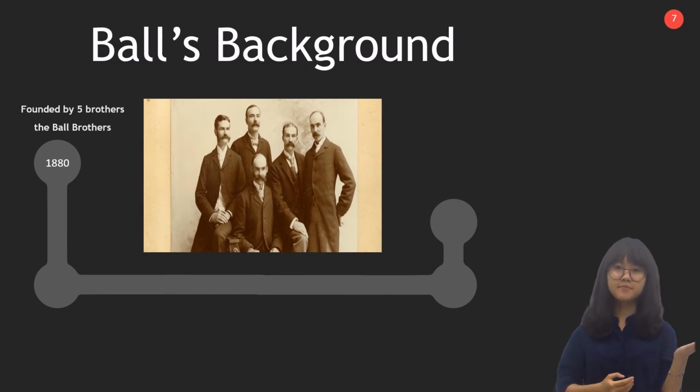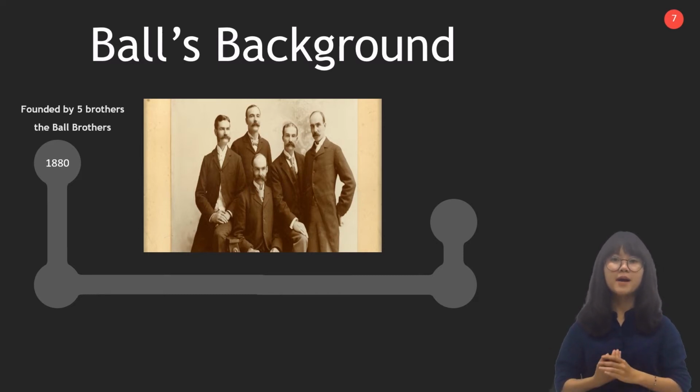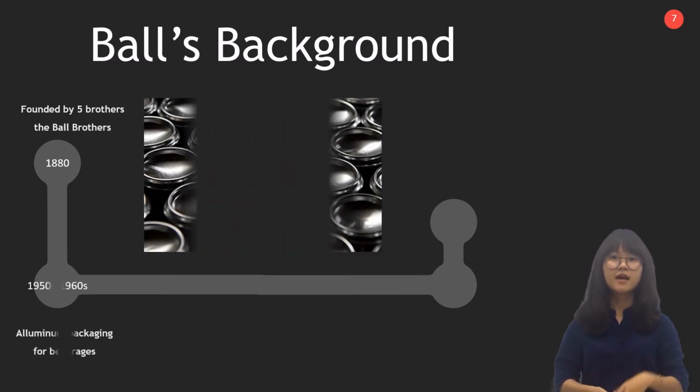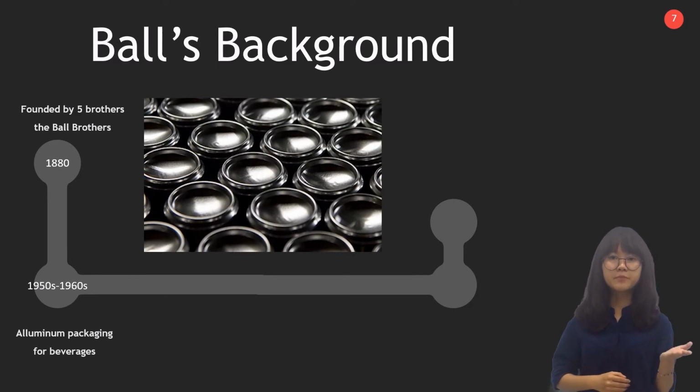At first, they created glass containers, and then they made a transition to more contemporary packaging for beverages in the 1950s and 1960s. That is the aluminum packaging for beverages.